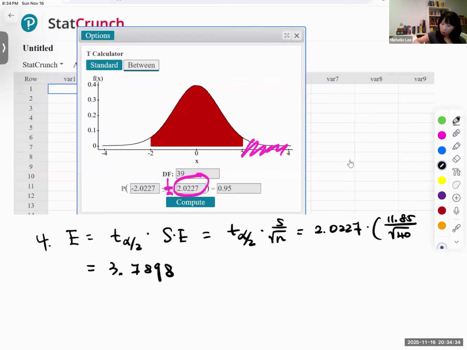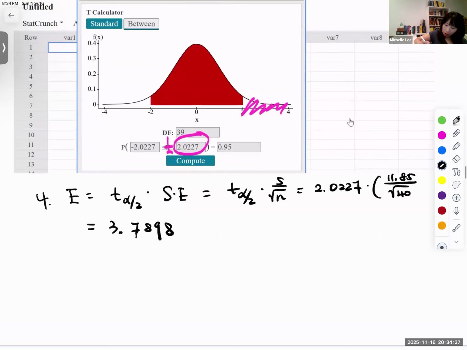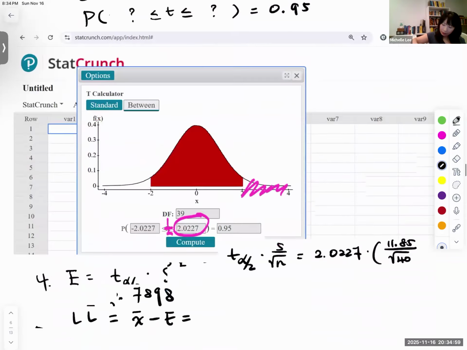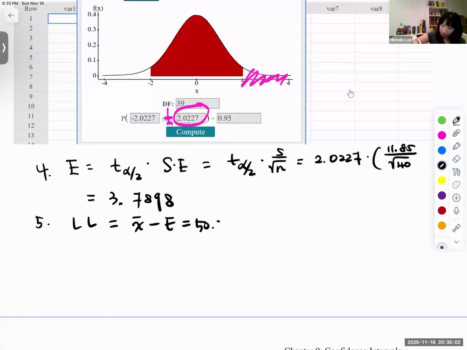Okay, the last one, number five, lower limit and upper limit. The lower limit is x bar minus the margin of error. x bar we had is 50.7, so 50.7 minus 3.7898.